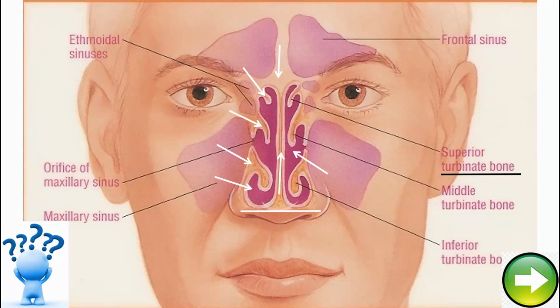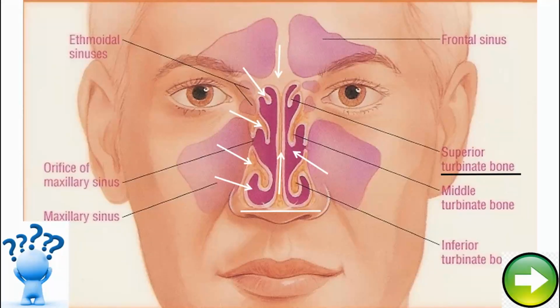And the middle one, also projecting into the cavity, it also belongs to the ethmoid bone, and it is called the middle turbinate bone. And then the inferior one near the floor is the largest, and it is a separate bone, does not belong to any bone of the nose, and it is the inferior turbinate bone.